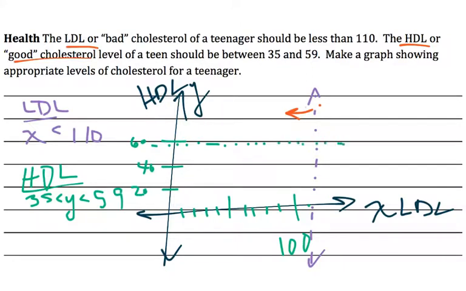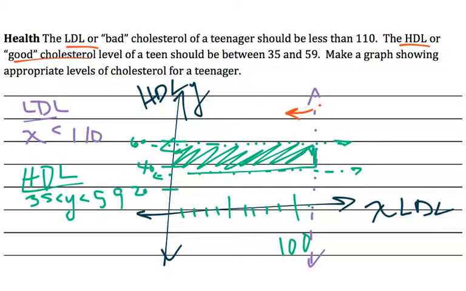So I have a horizontal line there with arrows on each side. And I have 35, which should be a little bit above the middle of that boundary. And then when I go to shade all this in, I'm thinking, well, it's between this, and I'm going to stop once I get to here. So this region represents a healthy teenage kid.